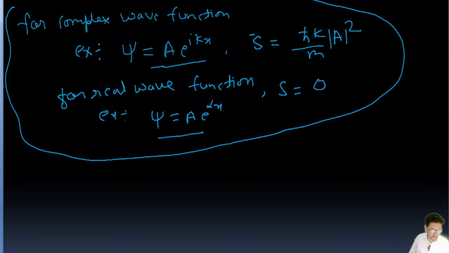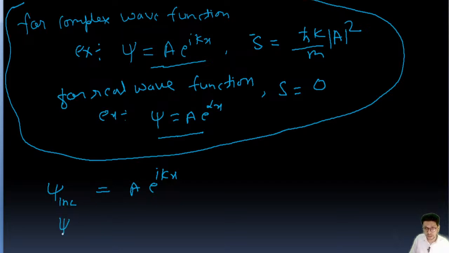Now using this, we are going to discuss step potential further. Psi in step potential, which I have already discussed: the incident wave function is A e to the power iota kx, which I have already explained in my last lecture. Please watch that class to understand this.